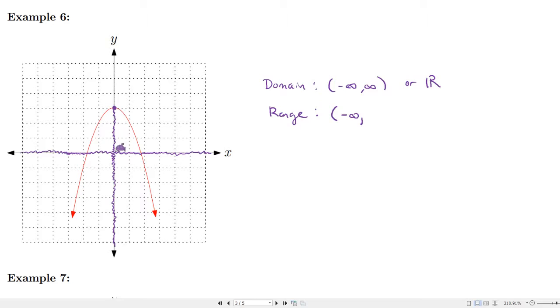Since it wasn't indexed in a particular way, let's just assume it was indexed by 1s. Sometimes I'll label those, but in this situation it wasn't labeled. We would go up to 3, and we'll include that because that point is exactly where the maximum is. It's inclusive, okay? And this is a function, so it passes the vertical line test.